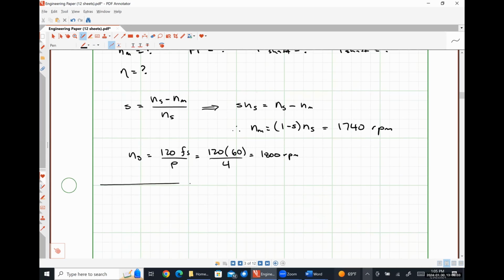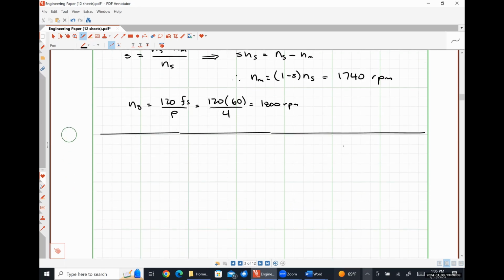So we're going to find the equivalent circuit for the motor, right?